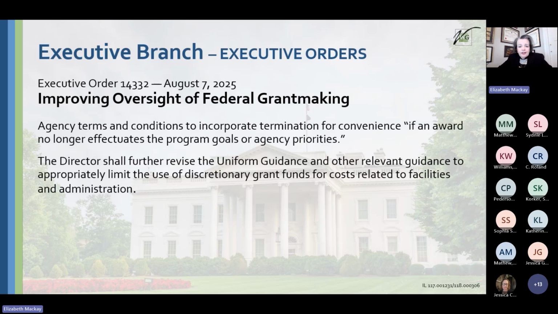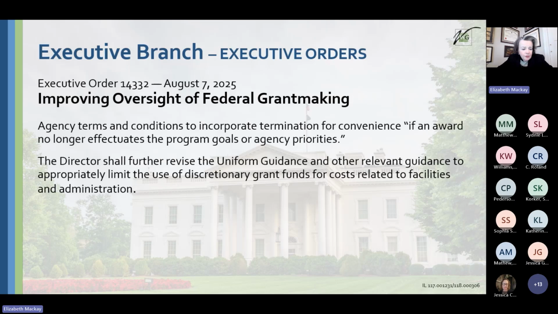And they want the contract to state that if an award no longer effectuates the program goals or agency priorities, administration priorities, they can end the contract or terminate the grant agreement. And this is actually covered in the uniform guidance with close to this particular verbiage. So we already have this incorporated into the uniform guidance.